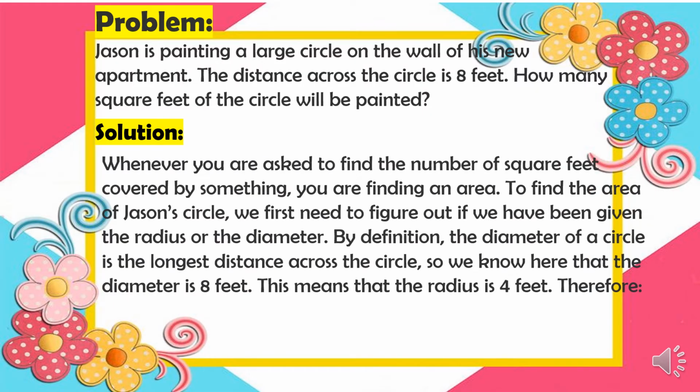Whenever you are asked to find the number of square feet covered by something, you are finding an area. To find the area of Jason's circle, we first need to figure out if we have been given the radius or the diameter. By definition, the diameter of a circle is the longest distance across the circle. So we know here that the diameter is 8 feet. This means that the radius is 4 feet.